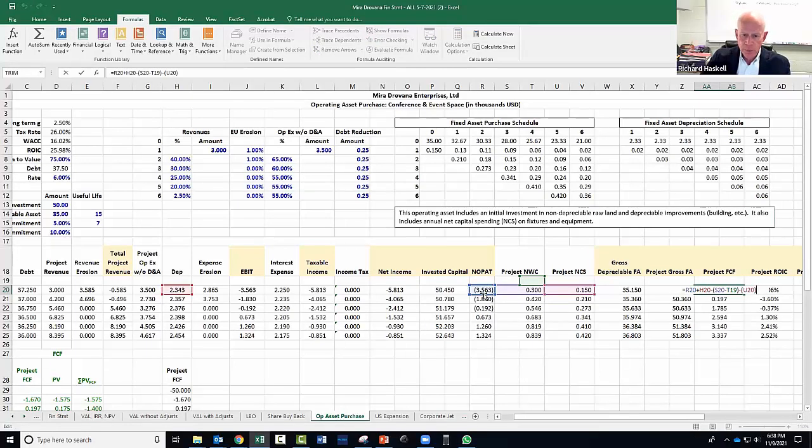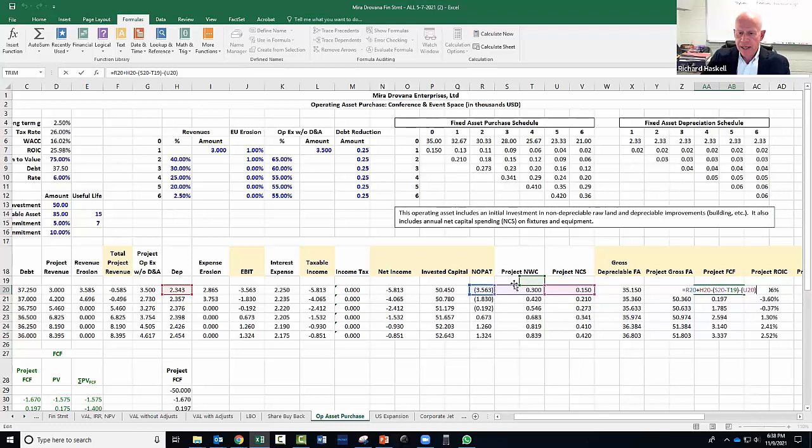Well, here we have NOPAT plus depreciation minus S20 minus T19. Well, S and T are right here. This is S20 minus T19. This is my change in net working capital. So I have 0.3 net working capital having changed from 0.